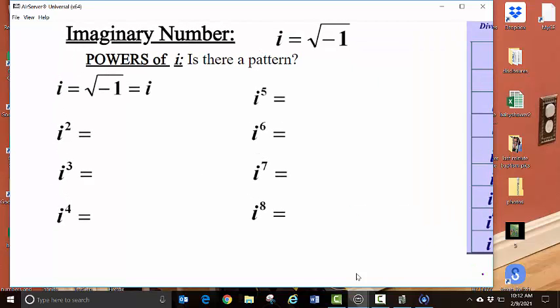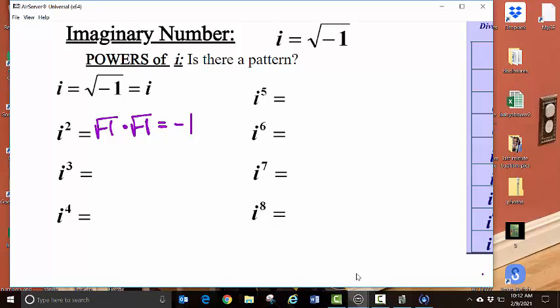So what is i squared? Well, the square root of -1 times the square root of -1 is going to be -1. i squared is always -1.